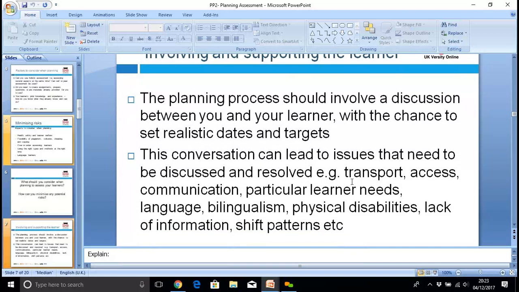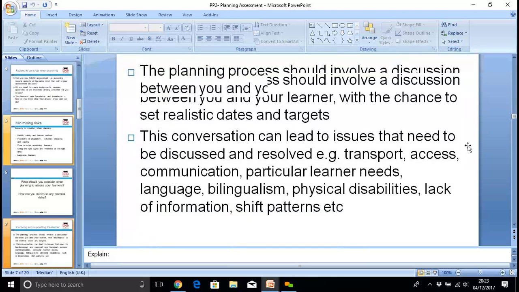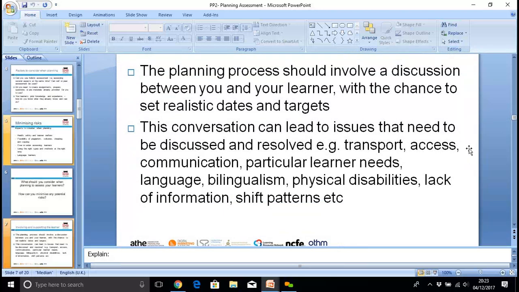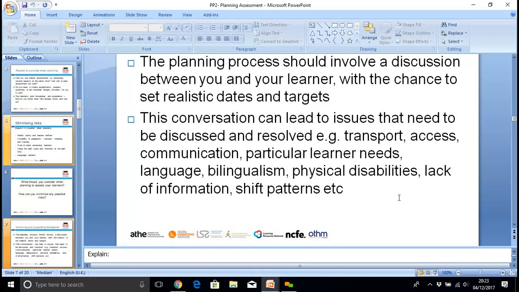Conversation can lead to issues that need to be discussed and resolved. Other things like transport, access, communication, particular learner needs, language, bilingualism, physical disabilities, lack of information, shift patterns, etc. As an external assessor for a number of colleges in the engineering sector, a number of my learners were on night shift.